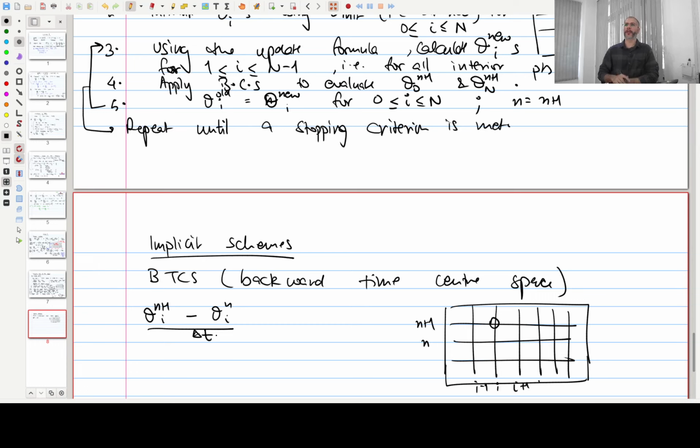So this is the backward difference for the time derivative. On the right hand side, we are discretizing center space at the point i comma n plus 1.